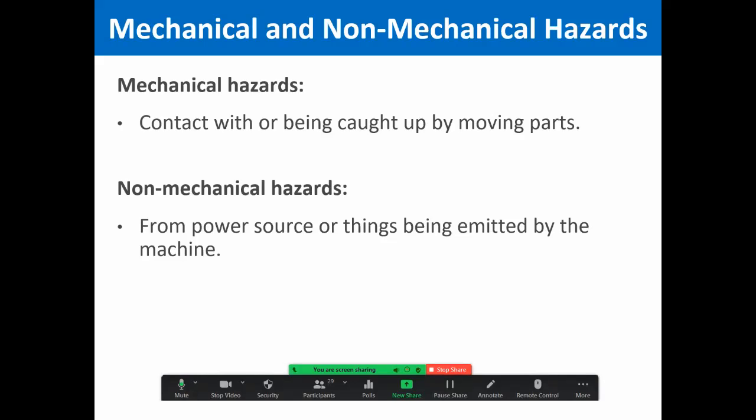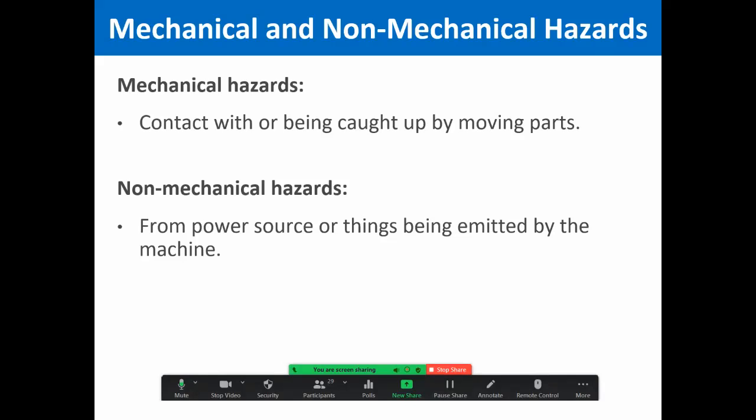The moving parts of the machinery physically have the potential to cut you, injure you or harm you. So that specific hazard is called a mechanical hazard. Contact with or being caught up by the moving parts falls under mechanical hazard.